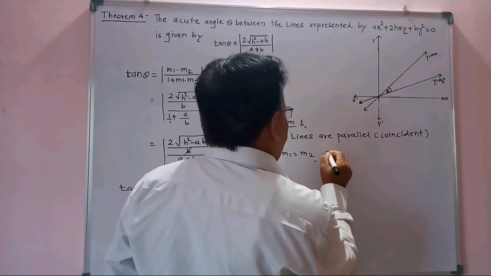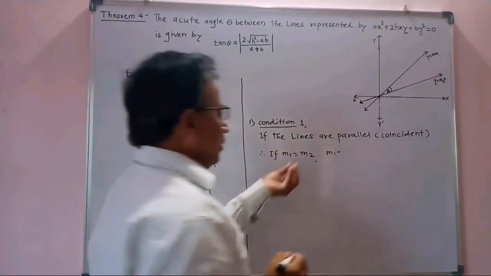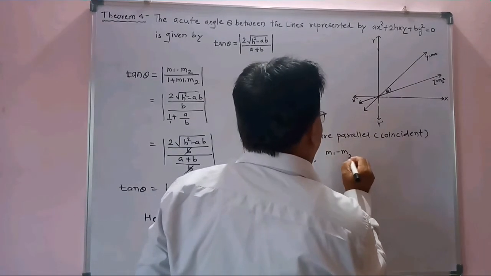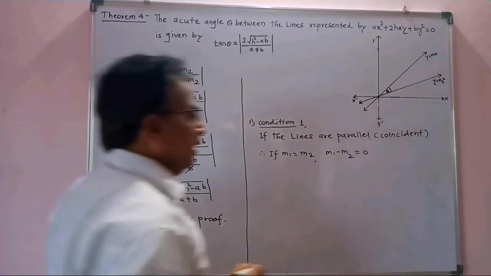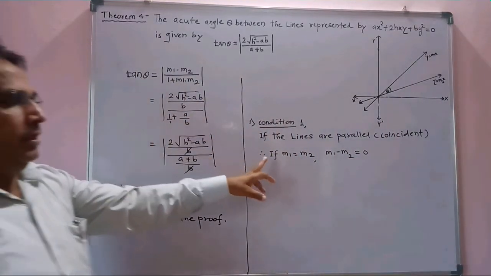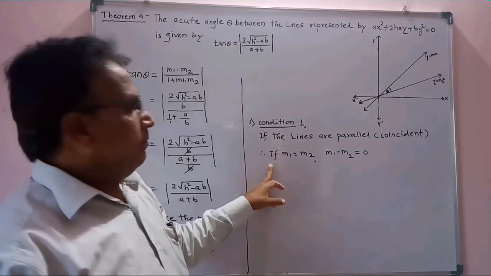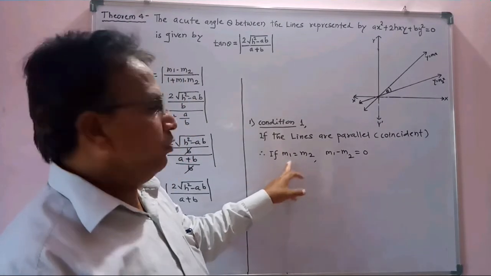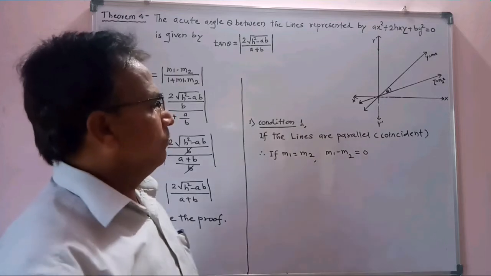Means m1 minus m2, transposing m2 to the left side, m1 minus m2 equal to 0. If these lines are parallel, their slopes are equal, so m1 minus m2 equal to 0.